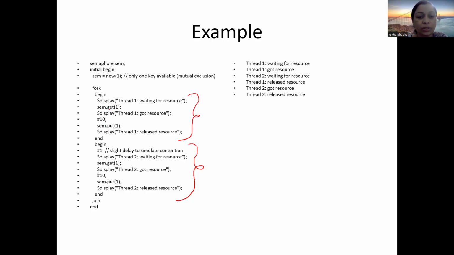So here get happened, thread 1 got the resource, and this is still waiting at hash 1. And when sem dot put of 1 happens after a delay of 10, this will get the key. Thread 2 got resource. Then after a delay of 10, it puts the key back, thread 2 released the resource. Now, the other process, if somebody is waiting, can get. So this is how it works.